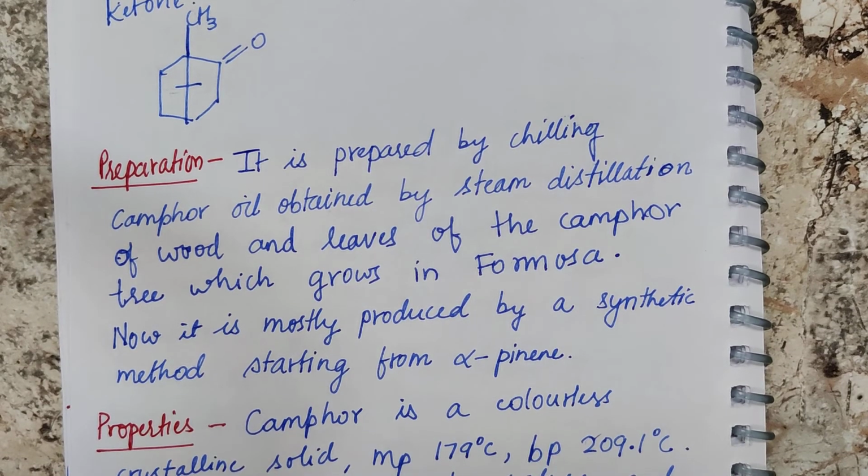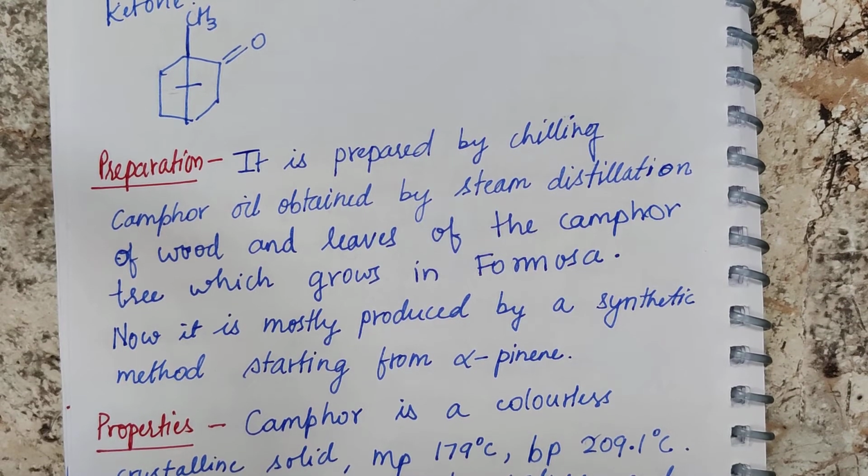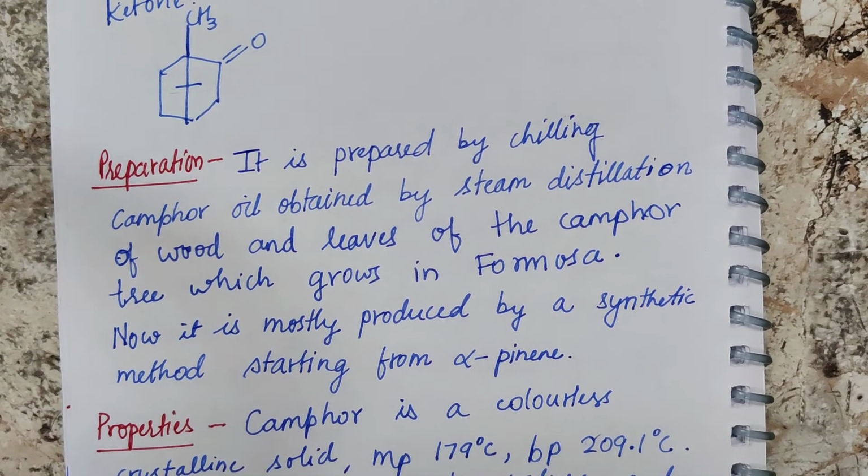The camphor oil obtained on doing the steam distillation of woods and leaves of camphor tree, when you cool it, at that time camphor is obtained. But now mostly it is produced from alpha pinene. Preparation is done by a synthetic method. On changing the structure of alpha pinene, camphor is obtained.